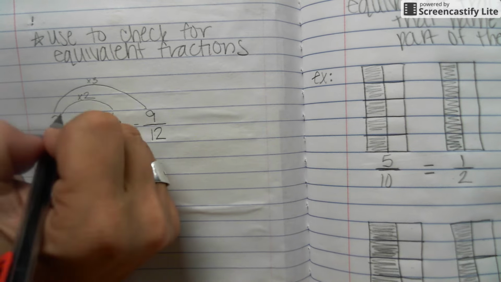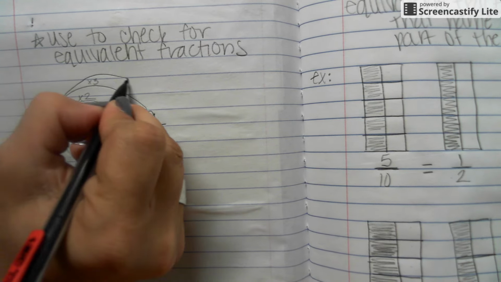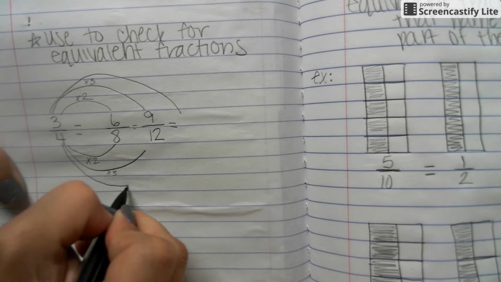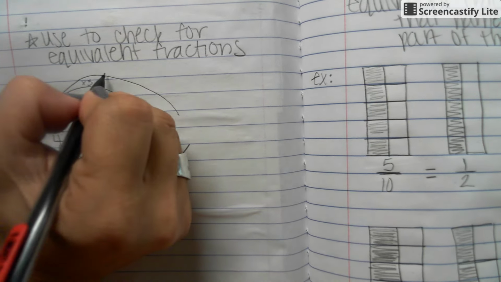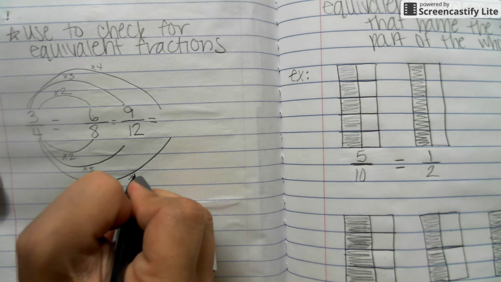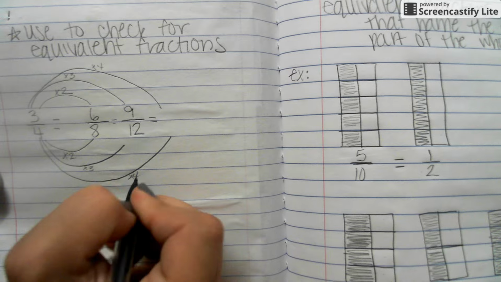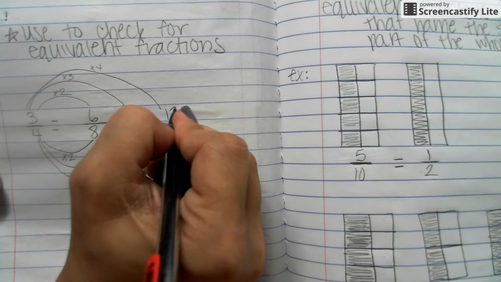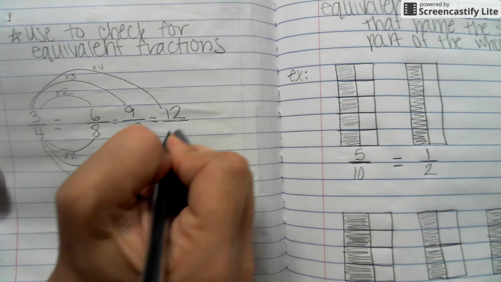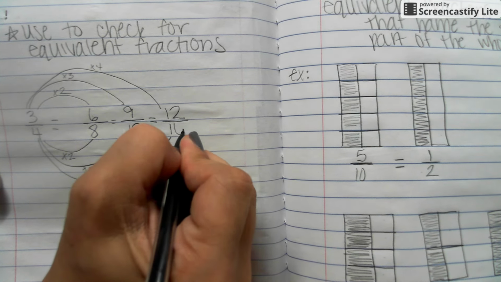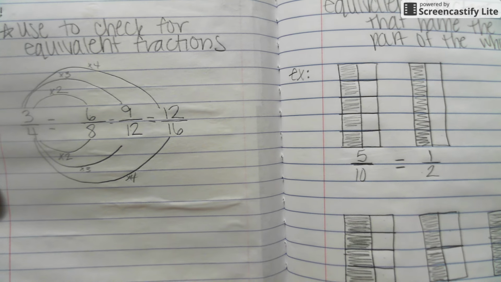Well, let's see if we can come up with another one. This time, I'm going to multiply the top by 4. Well, then that means I have to multiply the bottom by what? 4. So 3 times 4 is 12. And 4 times 4 is 16. Good.